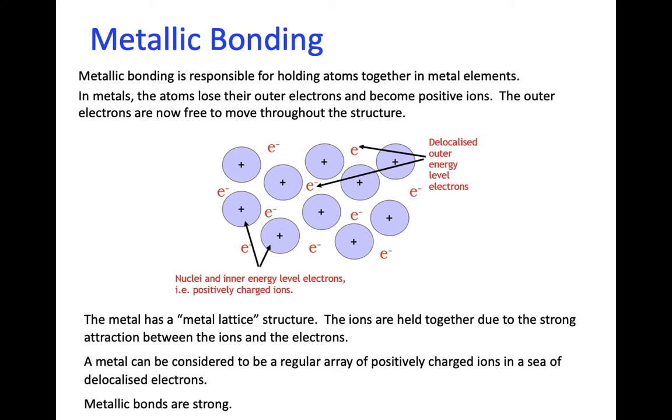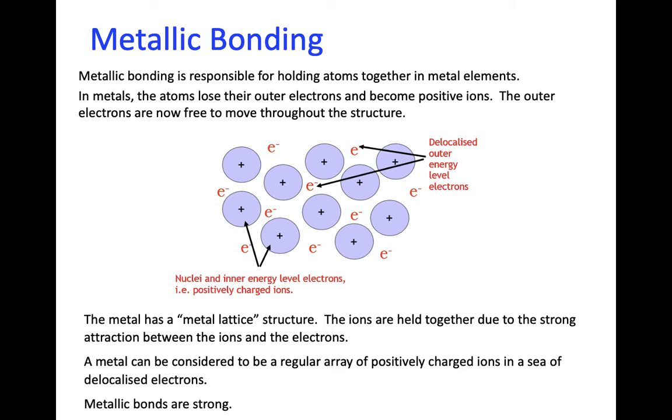What happens when metal atoms become bonded to each other in a metal element is that all of the atoms lose their outer electrons. Those outer electrons that are preventing them from looking like their nearest noble gas, they give them up, and all of these electrons that have been given up by all of the atoms form this sea of delocalized electrons.